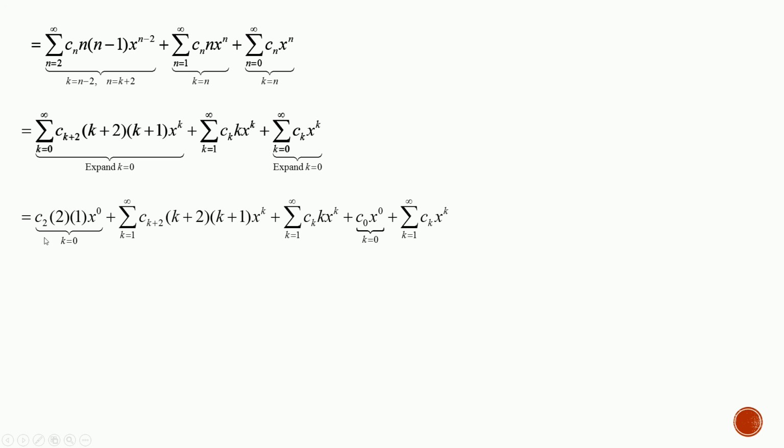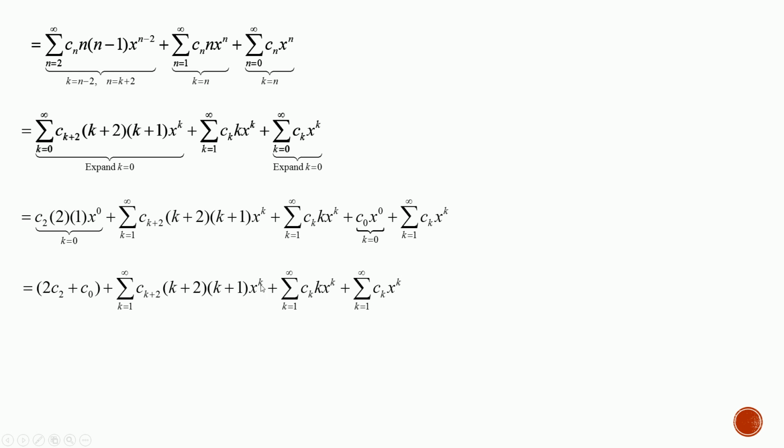So here what I'm going to do is take these terms that are outside of the sum and bring them together. So this first term is 2c2, and this term here is just c0. Those are combined, and then the three sums are just copied. Notice that they all have the same exponent, they all have the same lower limit, so we can combine them into a single sum.